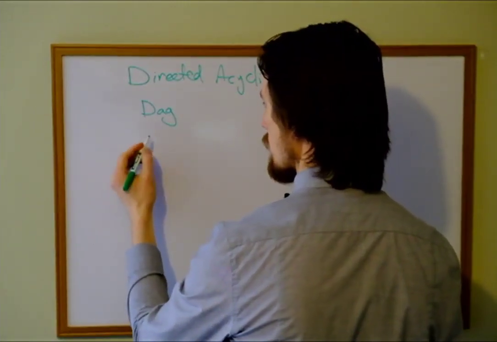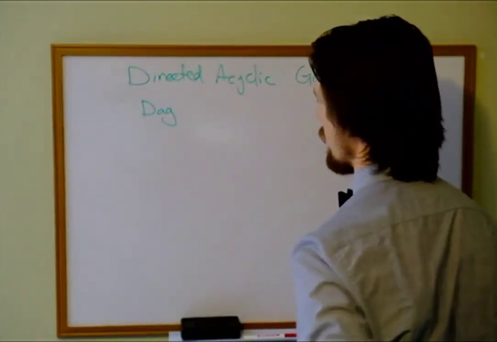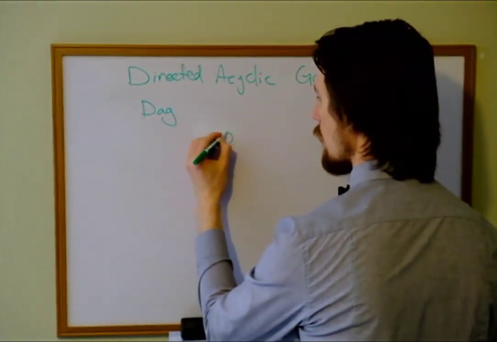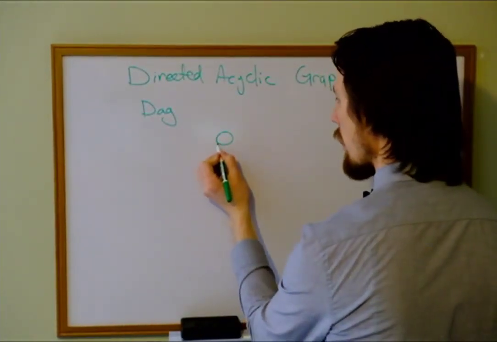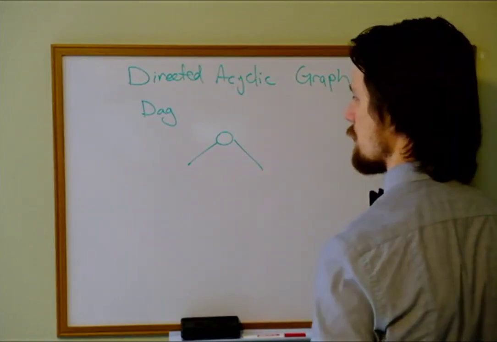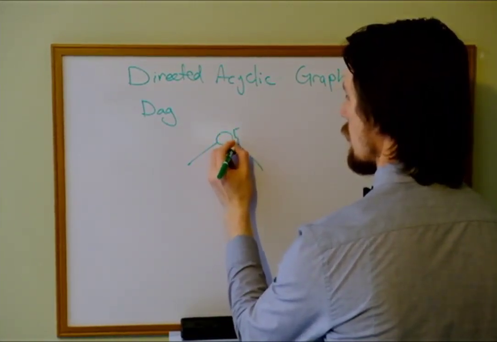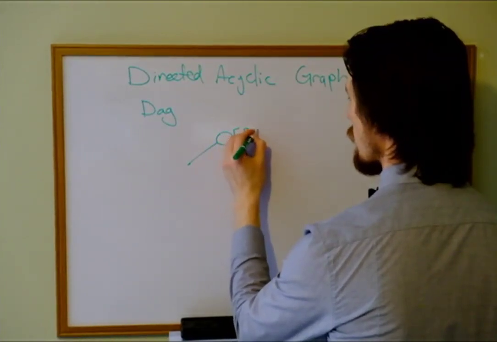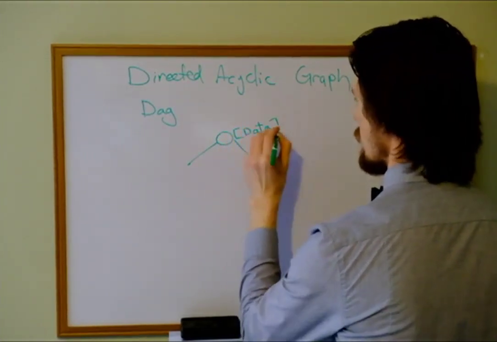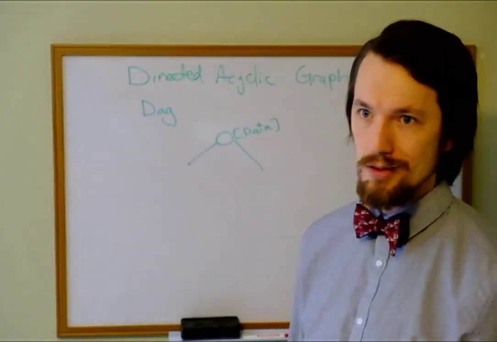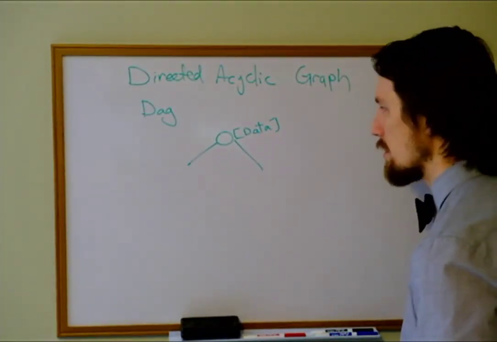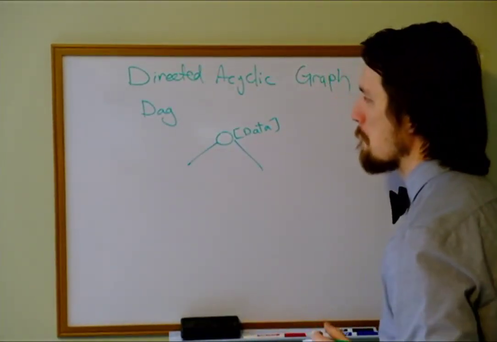A graph consists of vertices and edges, where a vertex has some data associated with it, generally. Sometimes it's only structure, but generally a directed acyclic graph has data associated with it.